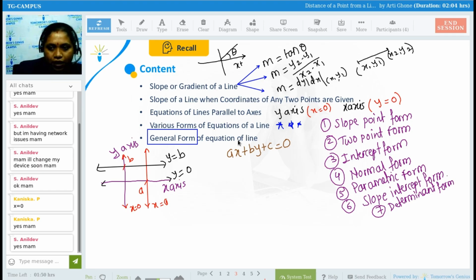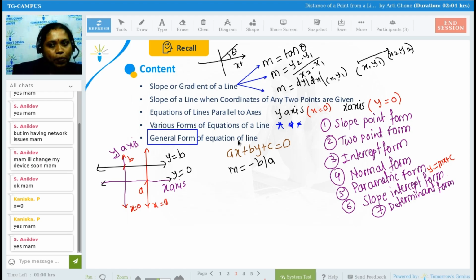Now, in short, I'll explain the slope intercept form first. Y is equal to mx plus c. So if I compare with this, what is the m value we are getting? Solve these equations for the value.